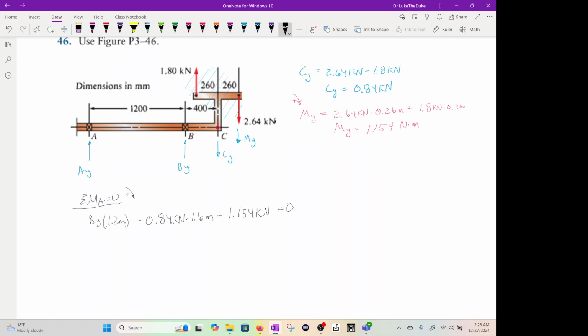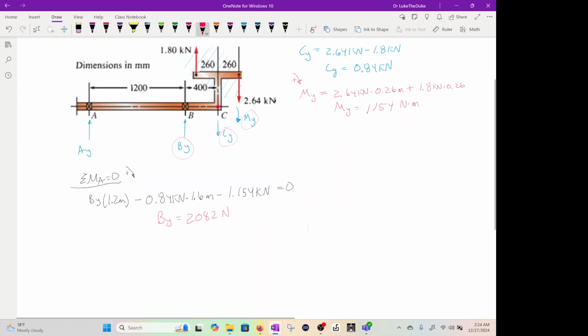Okay? And that's a positive. So we have BY, we have CY, and then the moment we have to add in here. So BY becomes 2,082 newtons.